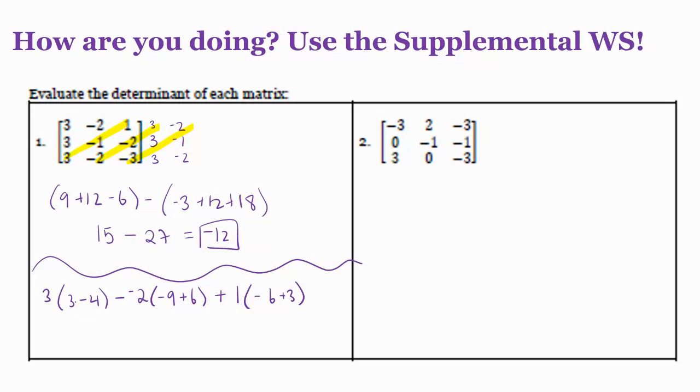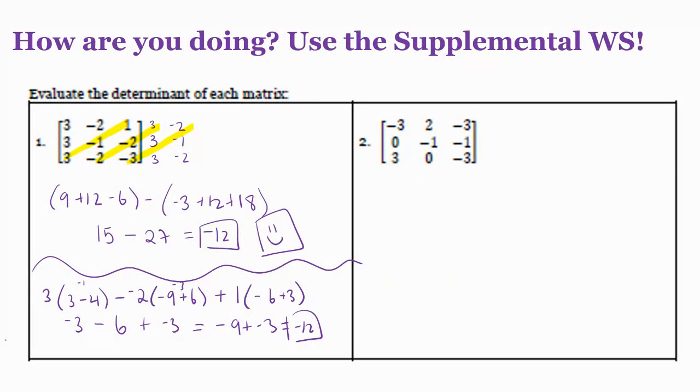So that would give you, this is negative 1, so you'd have negative 3 minus, this is negative 3, so minus 6, because that's a positive 6, and then plus negative 3. Negative 3 minus 6 gives you negative 9, plus negative 3 gives you negative 12. So I got the same thing both ways. Yahoo!